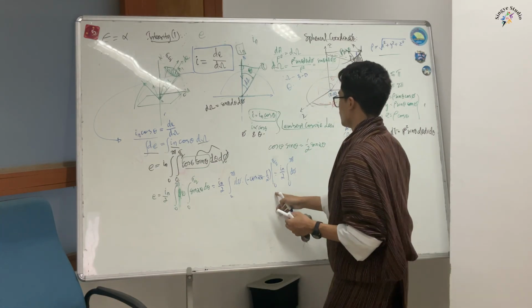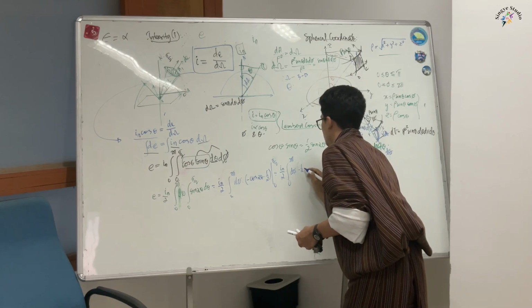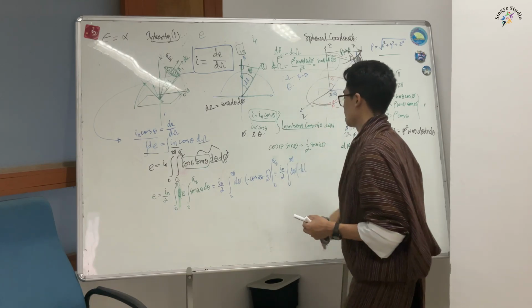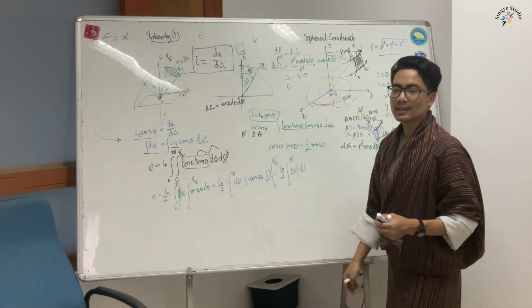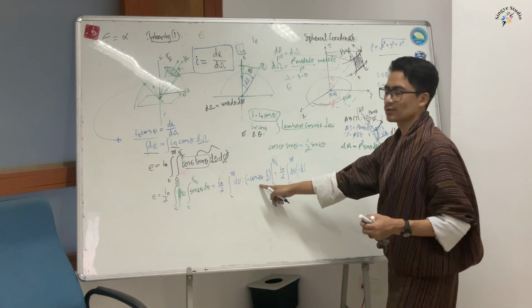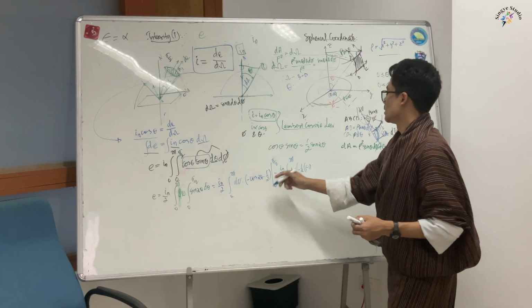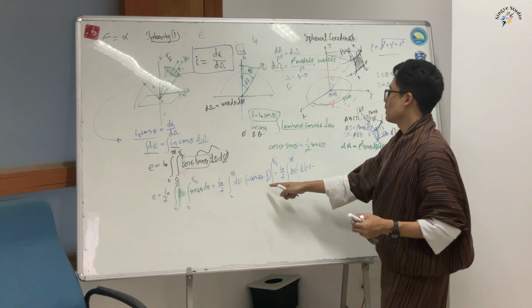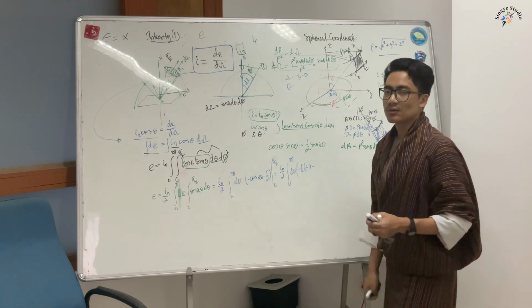So when I put this in, I get minus half, it is all minus of a half here. When I put 2 times pi by 2, what am I getting? I am getting cosine of pi, which is minus 1. Then minus, what if I put theta as 0?